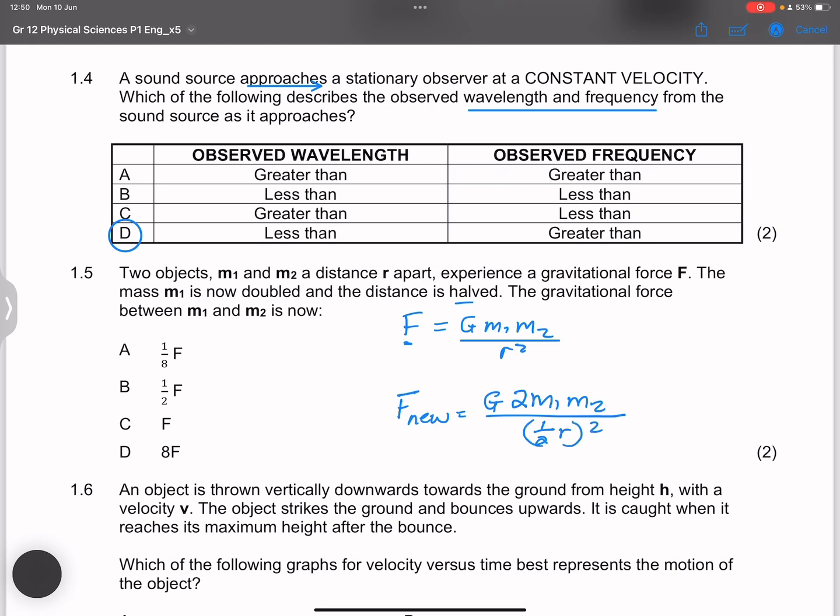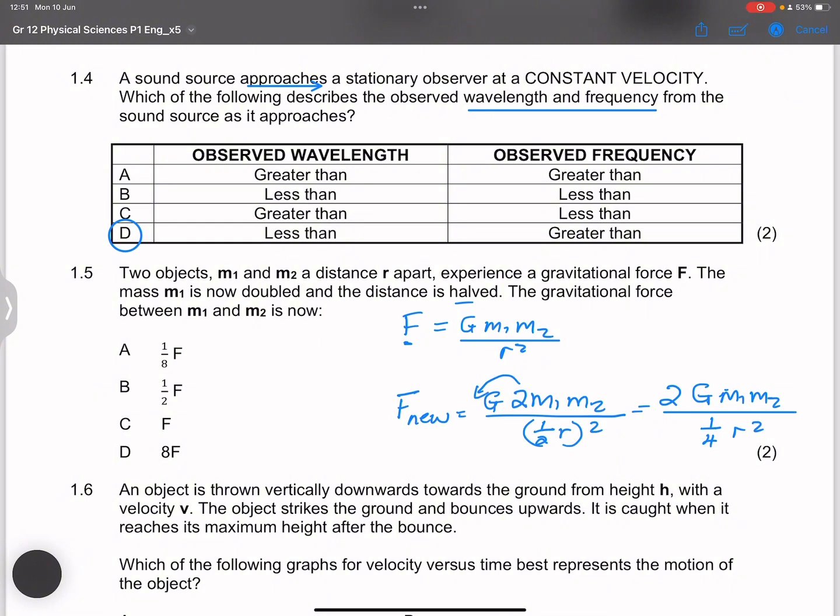Now notice at the top we still have 2, so this will be 2G M1 M2. Remember that multiplication is commutative, so we can rearrange them. I only put the 2 this side, it doesn't change anything.